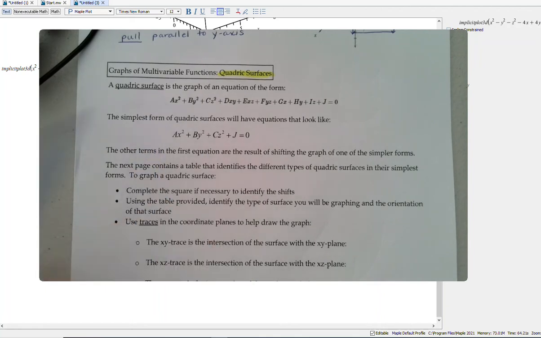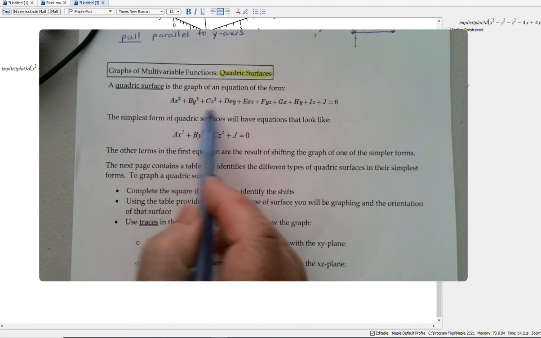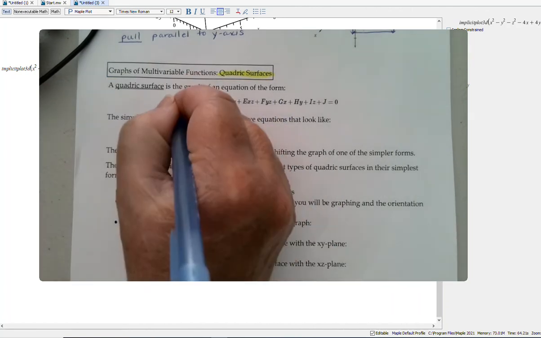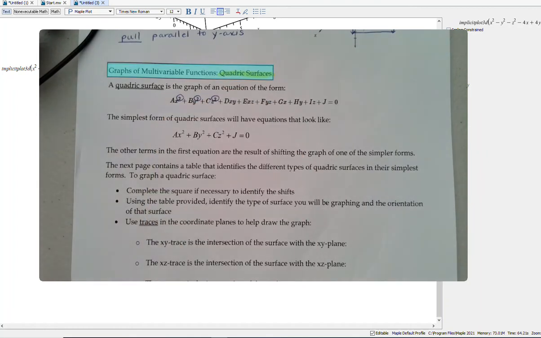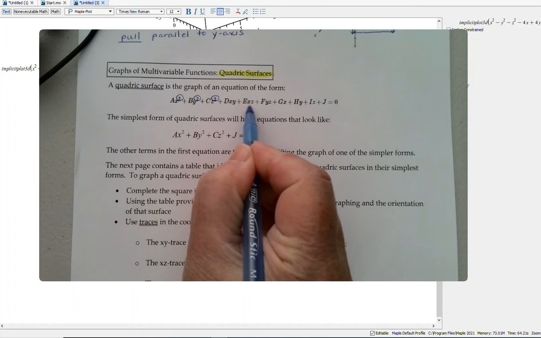So first of all, the definition of a quadric surface is it's a graph of an equation in this form. And what I want you to notice here is the degree of the x, y, and z is degree 2. So it's kind of like quadratic in a way. It's second degree. Even these are really second degree terms, right?